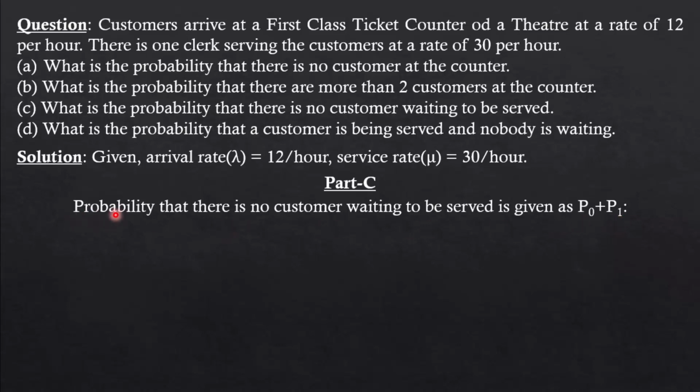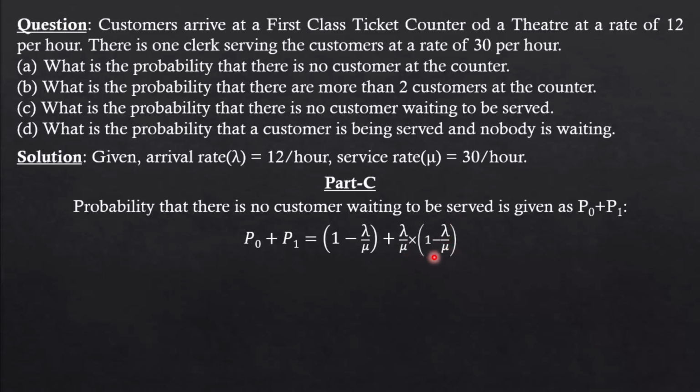So the probability that there is no customer waiting to be served is given by the sum of the probabilities of having 0 customers in the system and 1 customer in the system. So 1 minus lambda by mu is the probability given by P0, and this is lambda by mu multiplied by 1 minus lambda by mu.